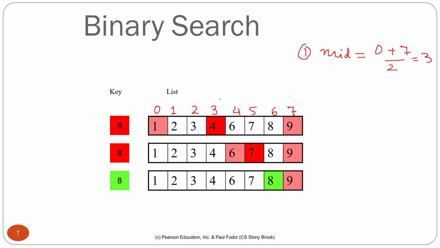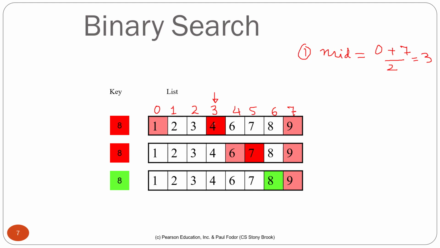It's the integer division. So we will do the comparison with the element present at index 3, which is 4. Now compare 8 with 4. While comparing 8 with 4, you found out that the key is bigger than the middle element.